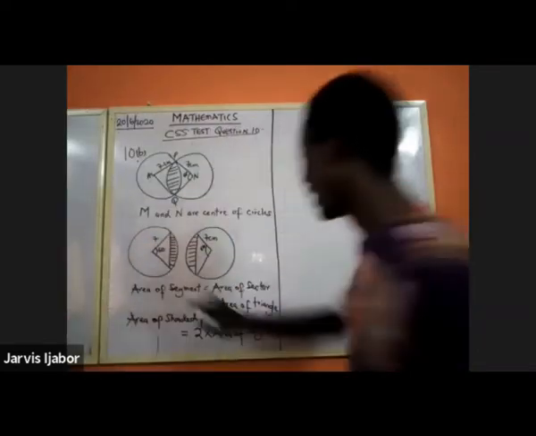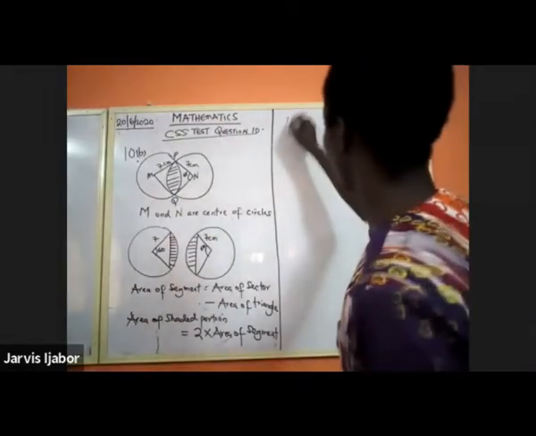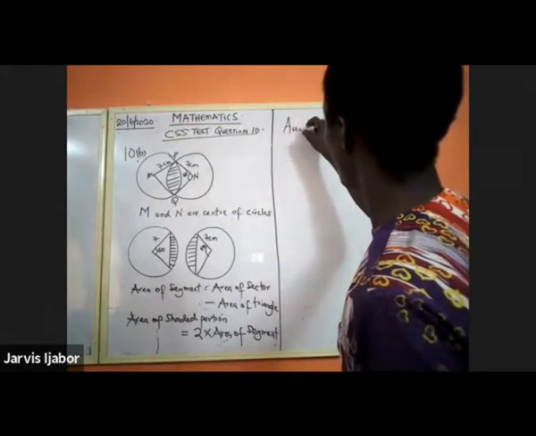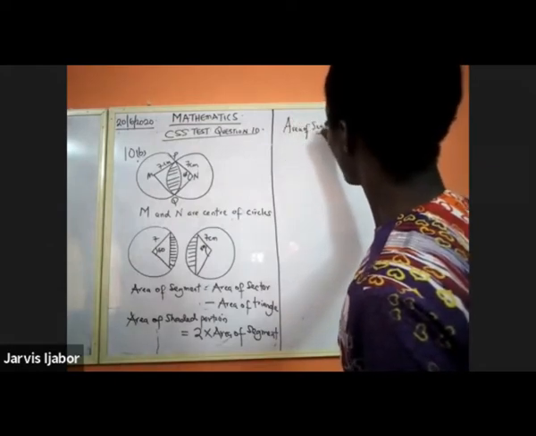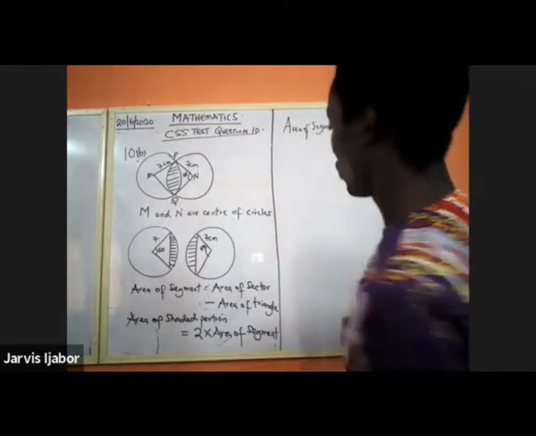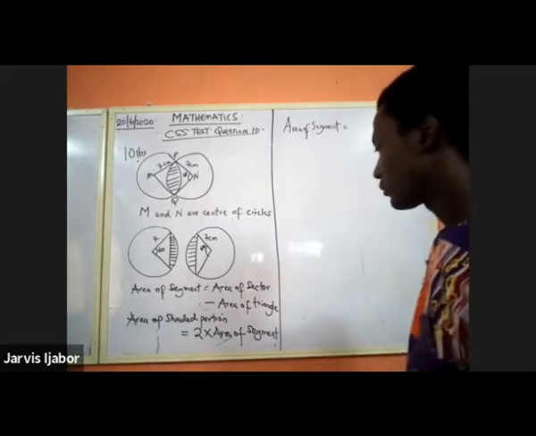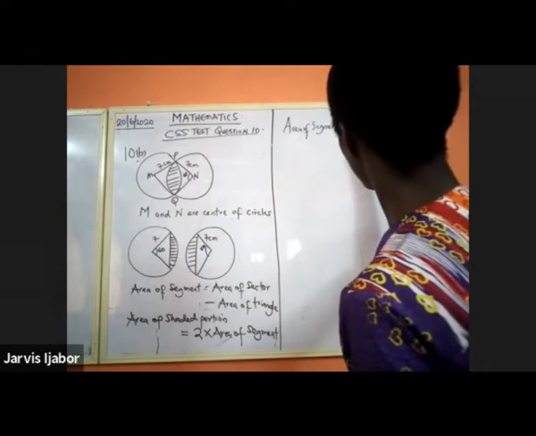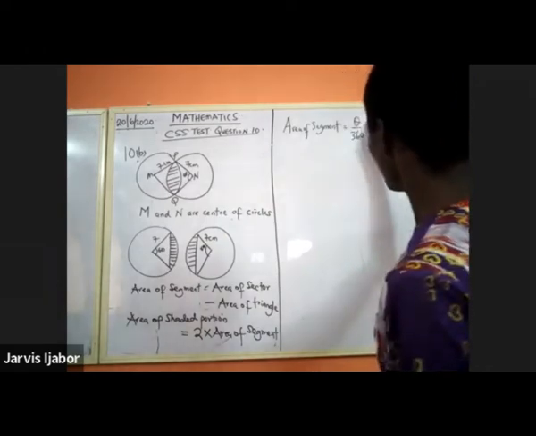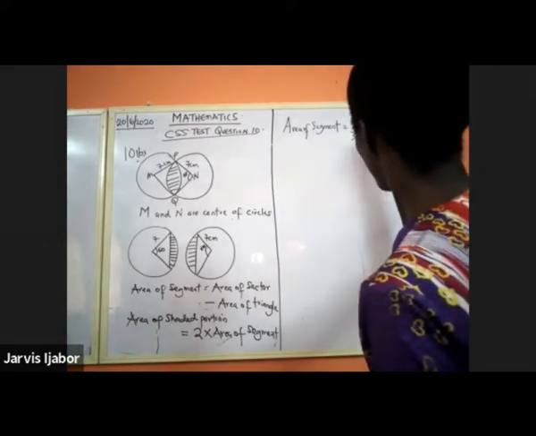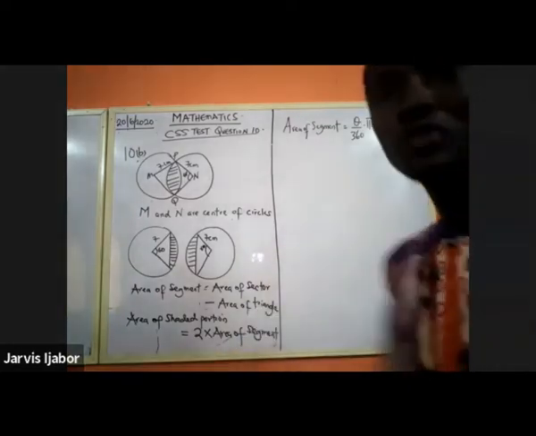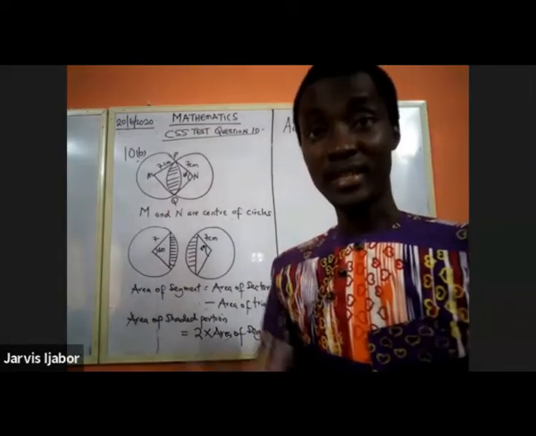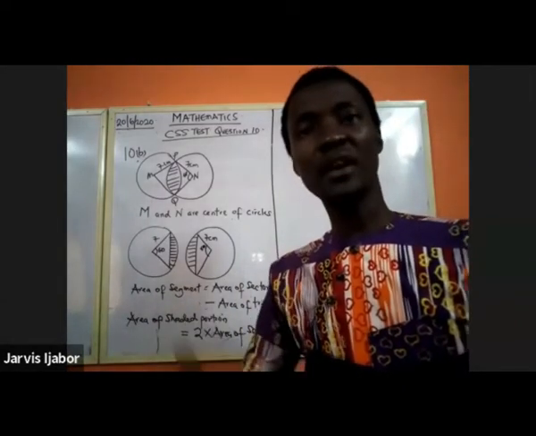All right, so with this, we can now go ahead and look for the area of the segment. The area of the sector is theta over 360 times pi r squared. A segment is a portion of the area of a circle.